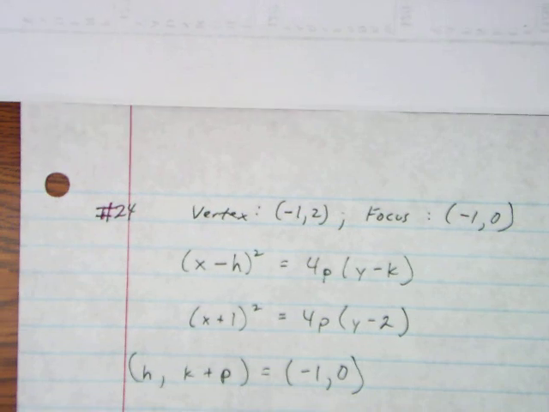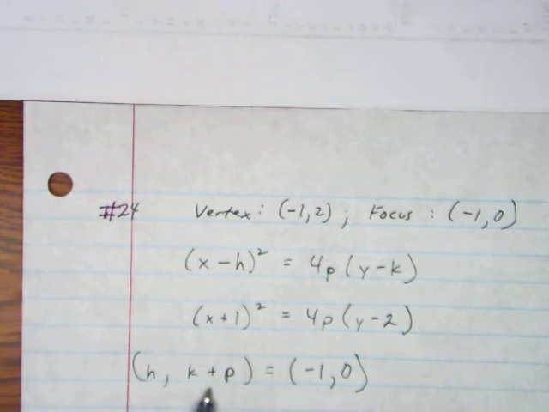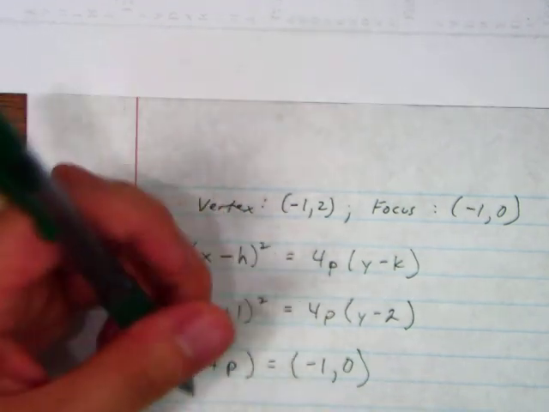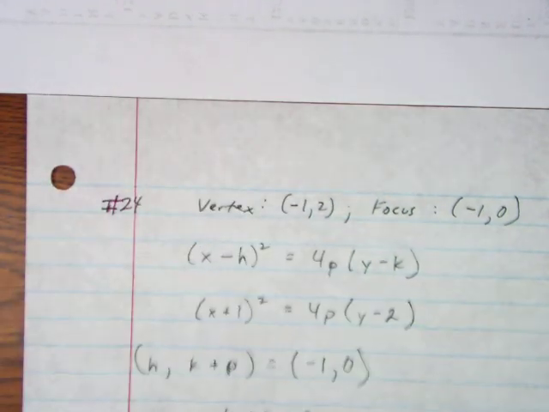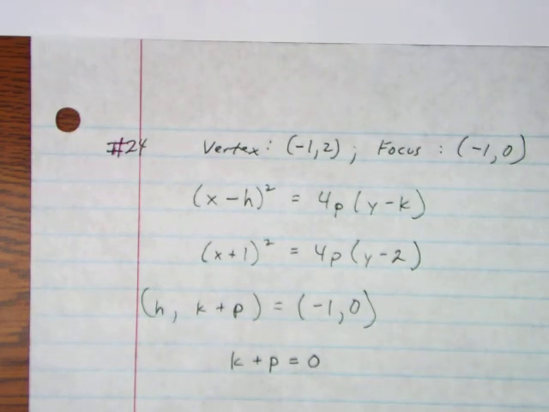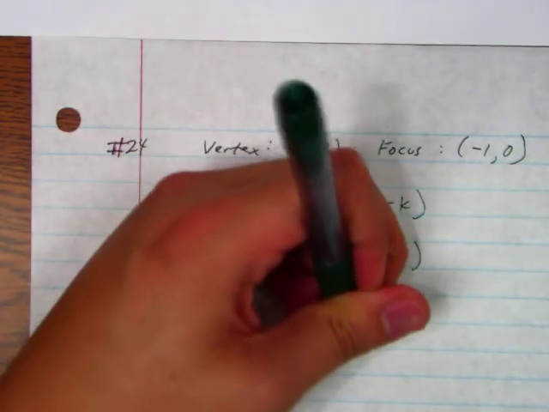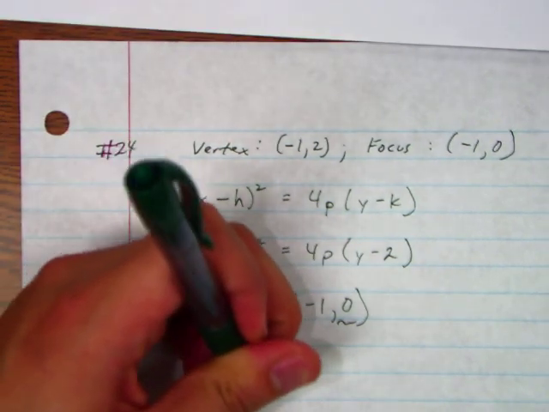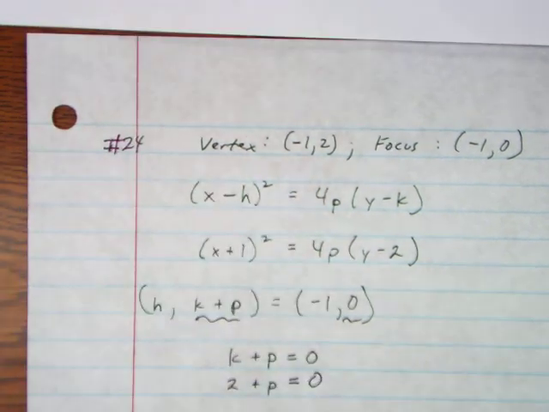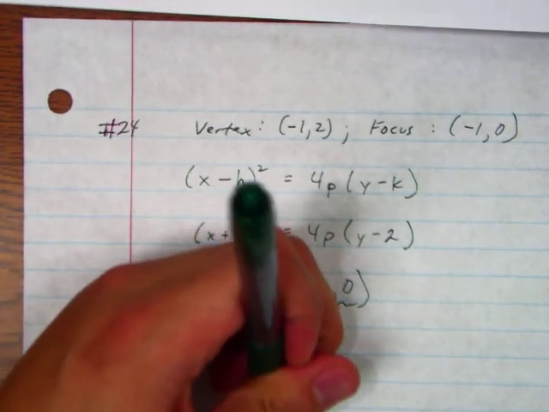My focus again is (h, k plus p). So I'm solving just this part right here. k plus p is 0. I know k is 2. So p is -2.